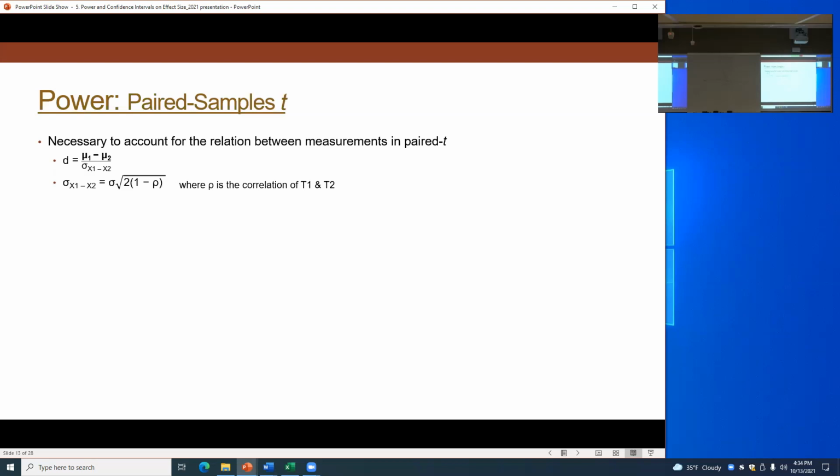What we've got going on here is a correction for our denominator on our effect size based on the correlation between my 2 time points, okay? So what we've got here is a standard deviation estimate multiplied by 2 times 1 minus the correlation between time 1 and time 2, my 2 assessment points, okay?